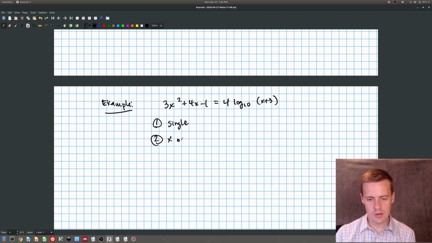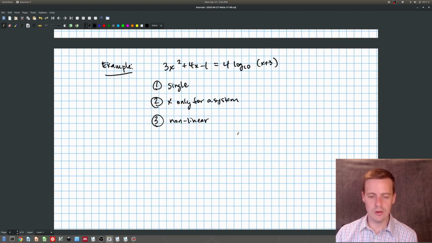That one's only for a system. Number 3, is it linear or nonlinear? It's nonlinear. How can we tell? Well, it's got a square on the x. I have x inside a log, inside this transcendental term, so definitely nonlinear. And the last one, is it algebraic or differential? I don't see any differentials, so it's going to be an algebraic equation.